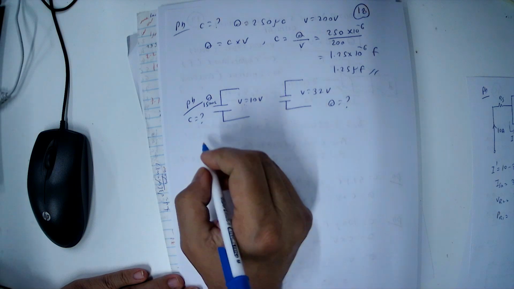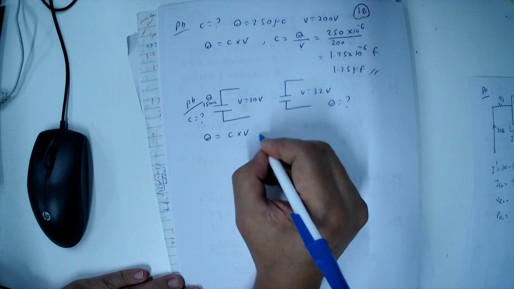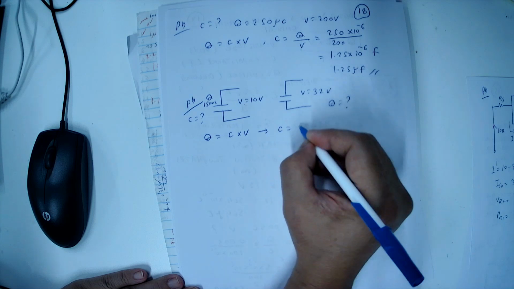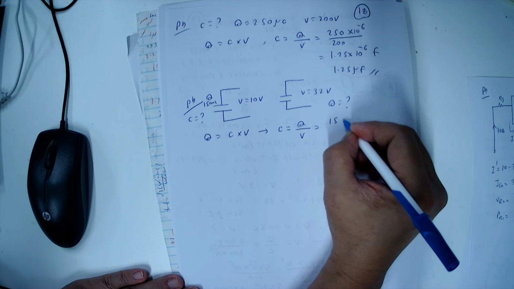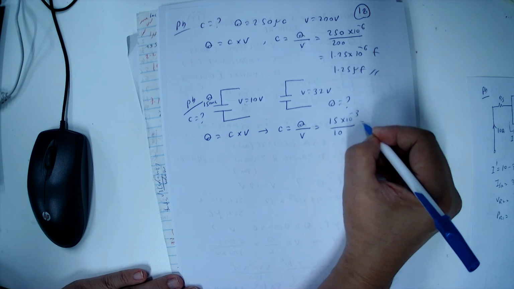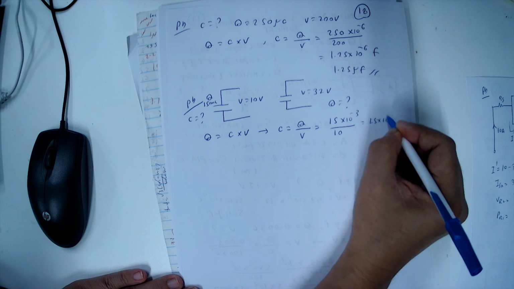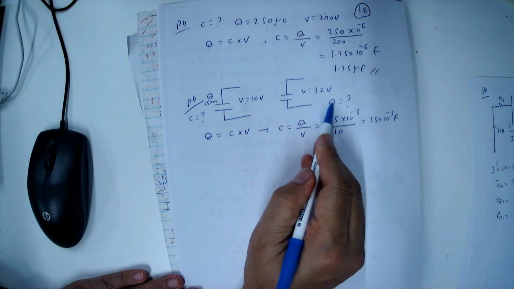So we write down the equation, Q equal to C multiplying V. Therefore, C equal to Q by V. So Q is 15 microcoulomb, 15 into 10 power minus 6, voltage is 10 volt. So that will be 1.5 into 10 power minus 6 farad. So this is the capacitance value. The second condition, we have to calculate charge.